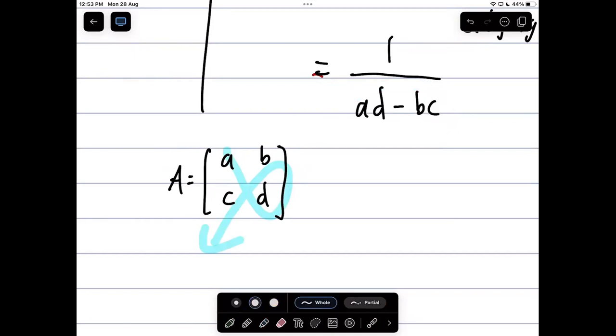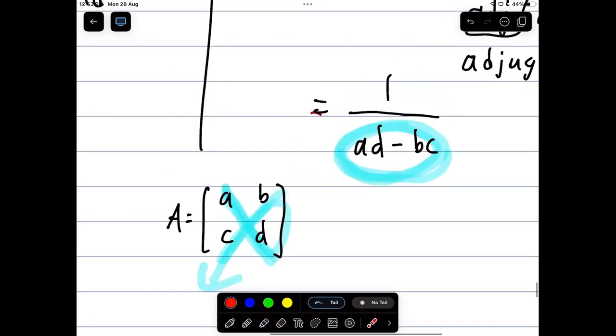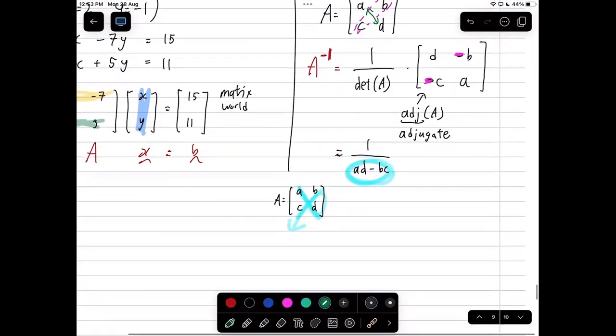Can you see the pattern? Take this AD, then you minus away the BC. Go in this order, AD, then minus away BC. That is your determinant of A. Then you multiply it by that matrix there, which is D, minus B, minus C and A.